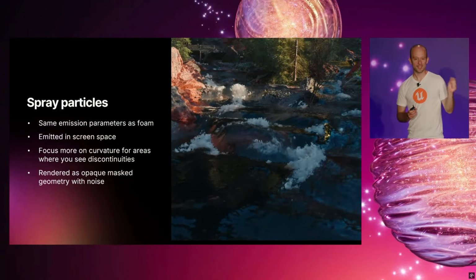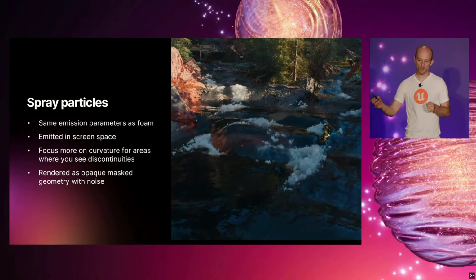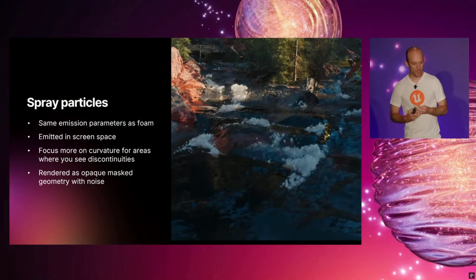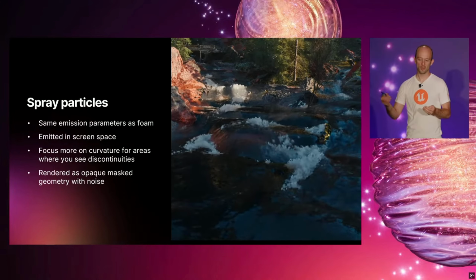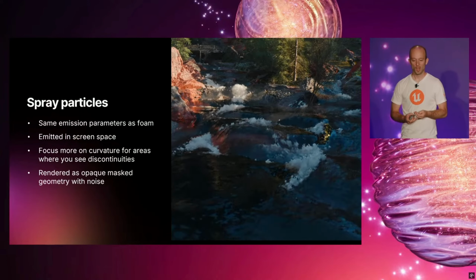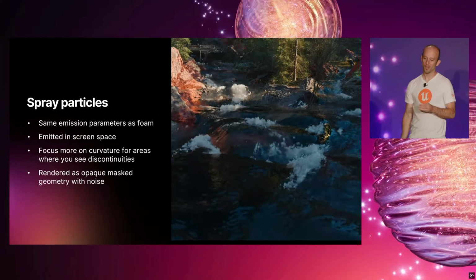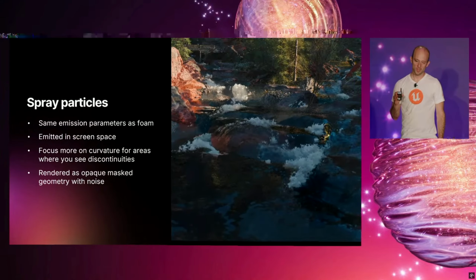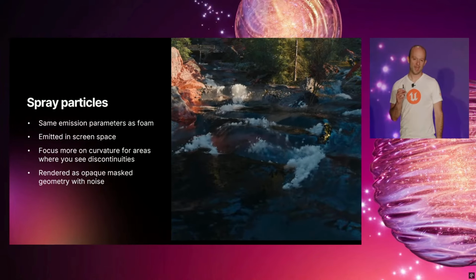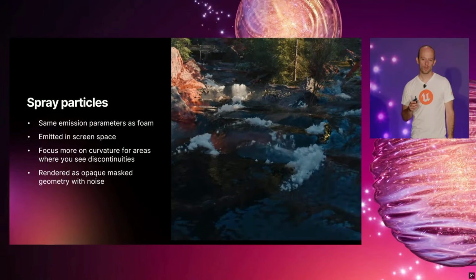And you also use that same emission criteria for spray particles. So in this case, we are emitting them mainly from curvature, but you could emit them from other things too. And the thing to note here, this is an example from the Witcher 4 demo. We had to use masked opaque sprites for the whitewater.